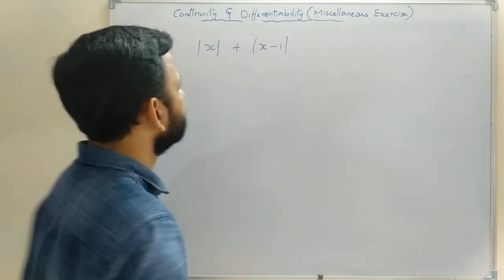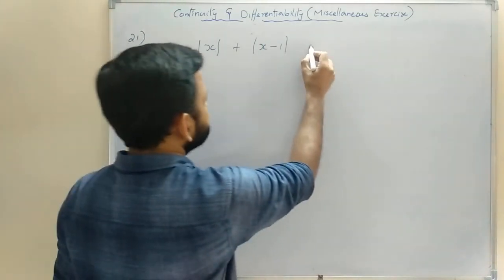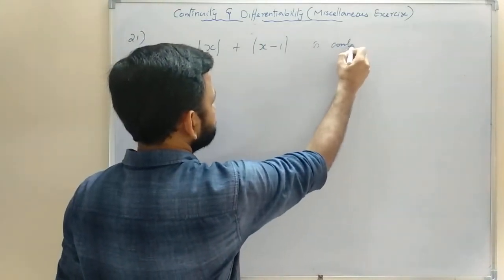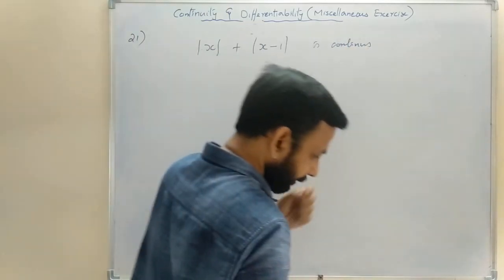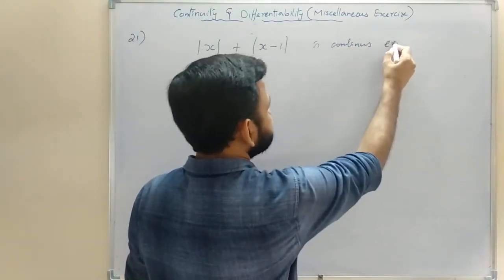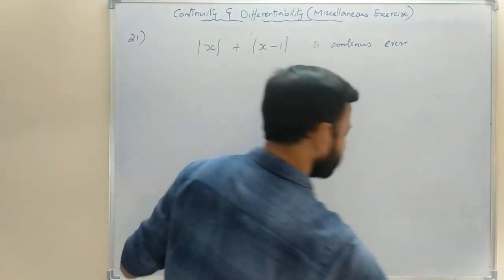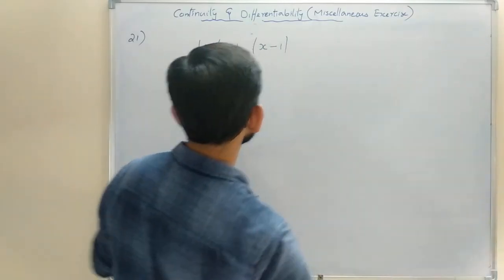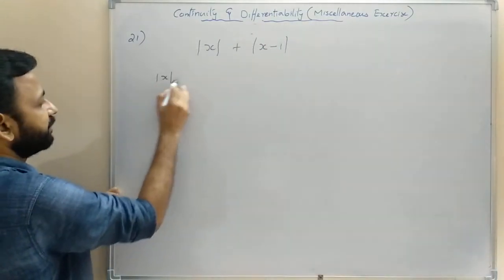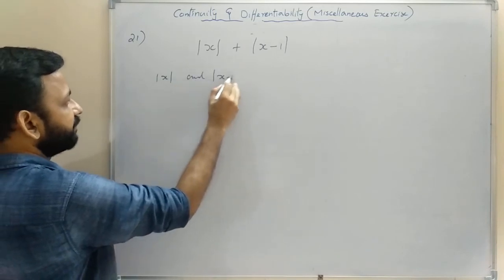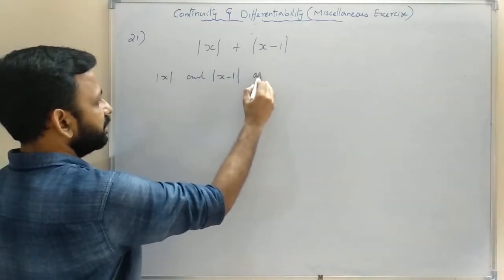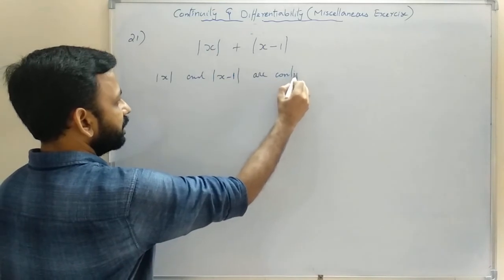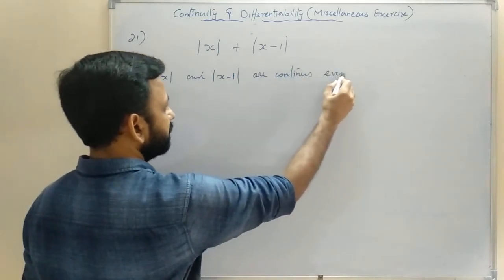So we can say that modulus of x plus modulus of x minus 1 is continuous everywhere. Or we will write one more step: modulus of x and modulus of x minus 1 are continuous everywhere.